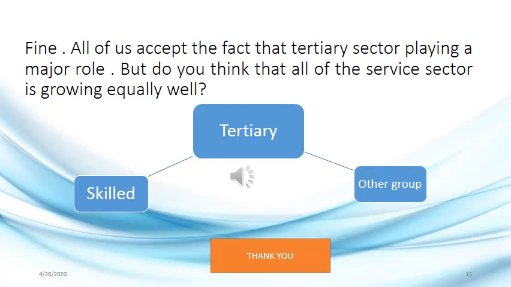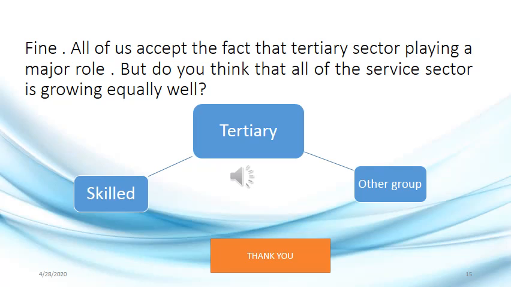People working in such sectors will grow more, they will have more income, and their standard of living will improve. Such a group can be called the skilled service sector. And there are some economic activities in the service sector which provide service, but they don't grow like the skilled group. They appear to work more, but they don't have better salary, they don't get better payment, they don't get all the facilities like the skilled people. That group can be called the unskilled service sector, right?